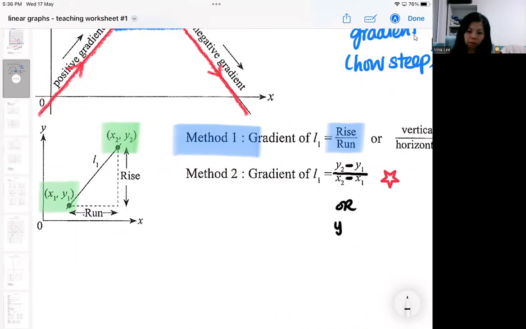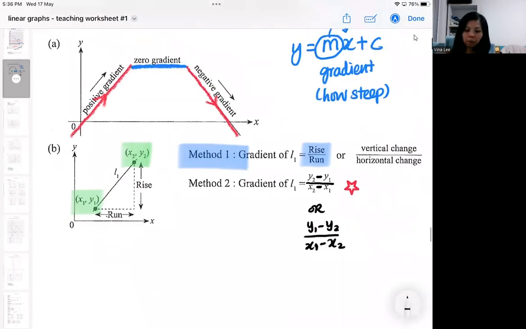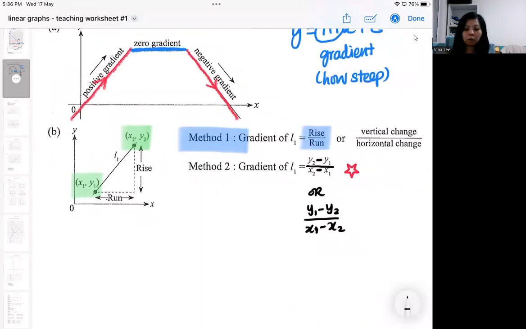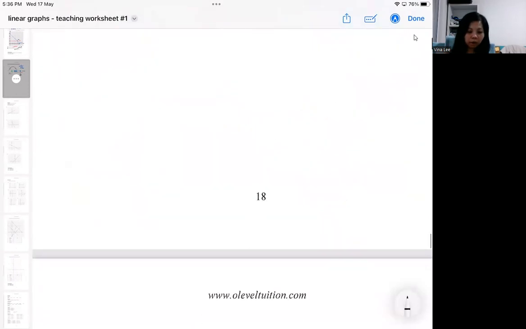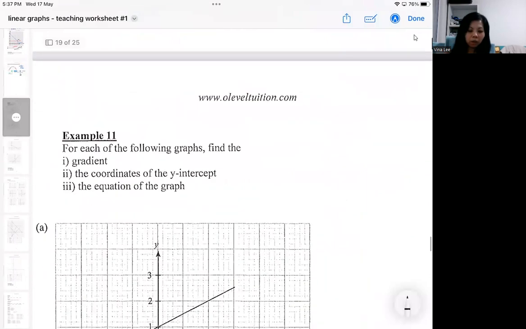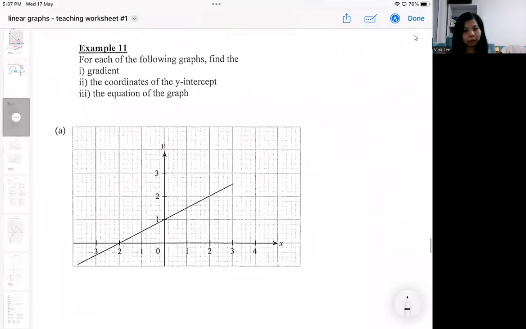So it can also be y1 minus y2, then the bottom part will be x1 minus x2. No matter what, the top part has to be the subtraction of the y coordinates, and the bottom part has to be the subtraction of the x coordinates. And we will be able to calculate the gradient from there. I will show you using a numerical example. I'll be focusing on using this formula to calculate gradient, and subsequently, we will be able to tell the equation of a line.